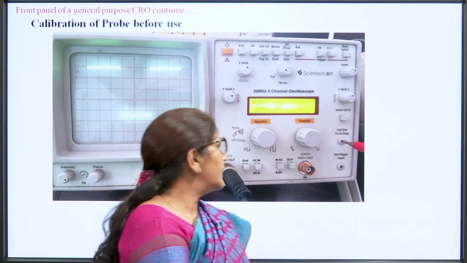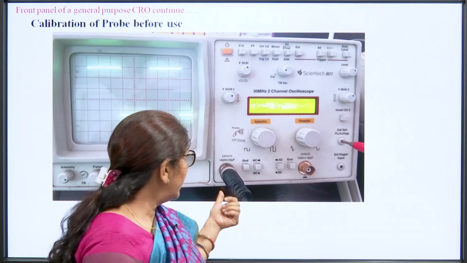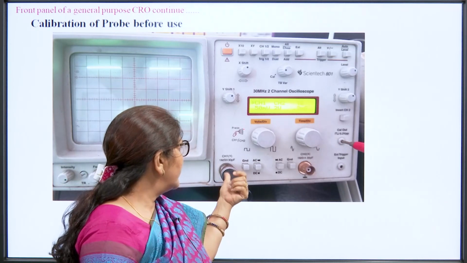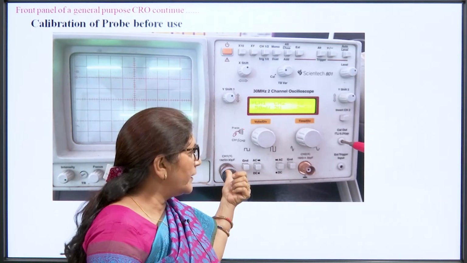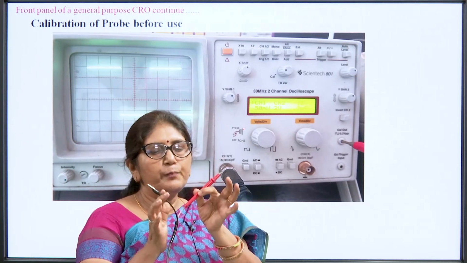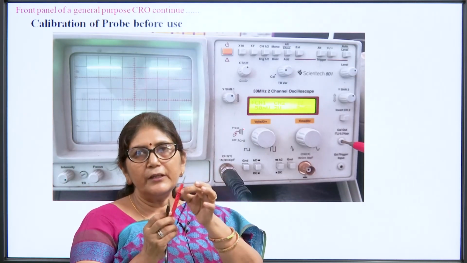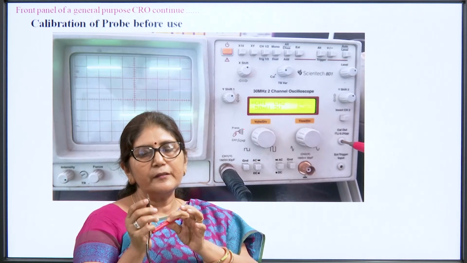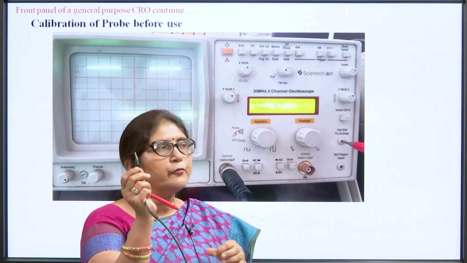Then yes, this is the calibration. What I have done is put this BNC knob at this position. There are 2 parts: this red one is generally used for the positive, and this crocodile clip is used for the negative.